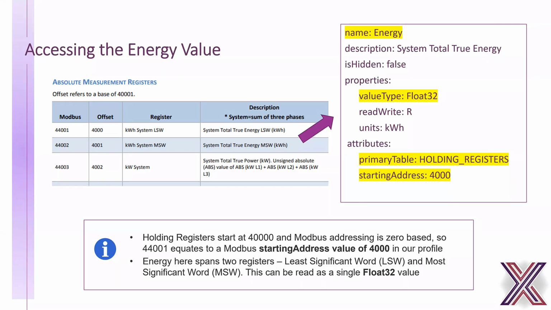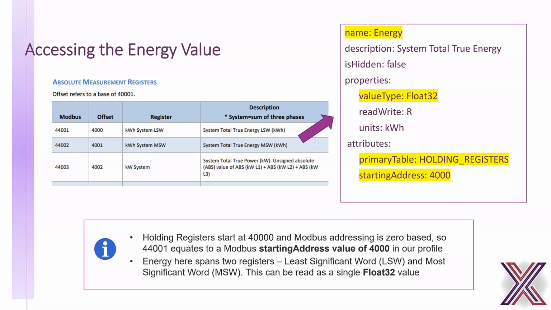We can read both words at the same time as a float 32. So we just model it like this. Starting address is 4,000 in this case. So it's 44,001 minus the 40,000 basis and the 1 because we're 0 based. And we get that. So I won't edit the file in front of you, but it's pretty clear what you have to do to make that happen.